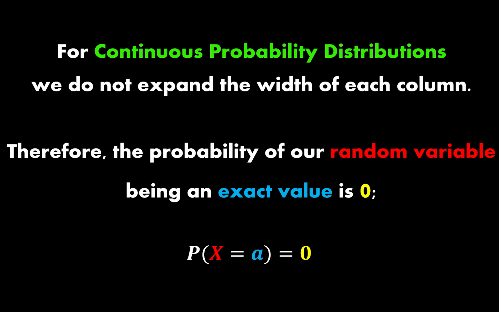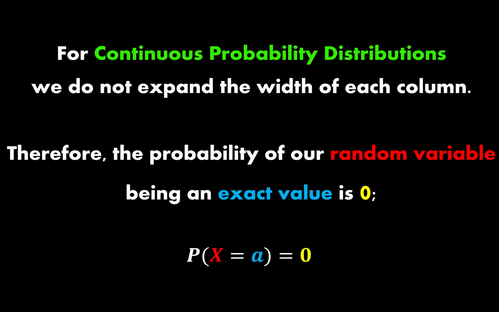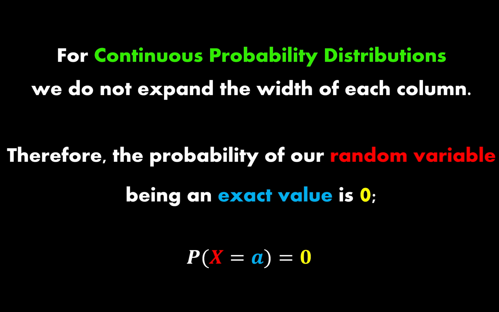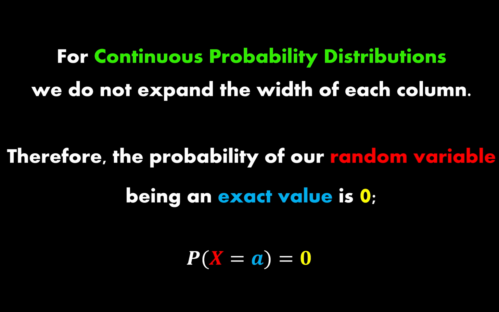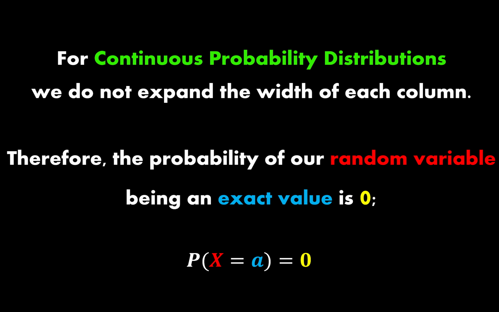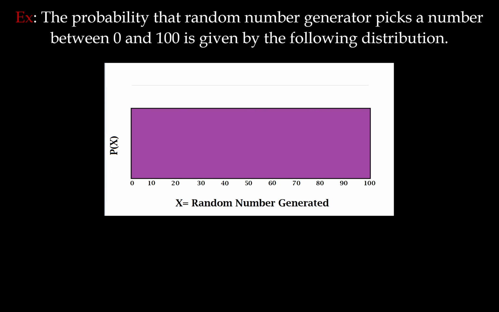For continuous cases, however, we do not make any such corrections, since there is an infinite number of values in any given range. So the probability of an exact value occurring is actually 0, since the width of its column is 0. For instance, the probability of a random number generator picking a real number between 0 and 100 is given by this distribution.